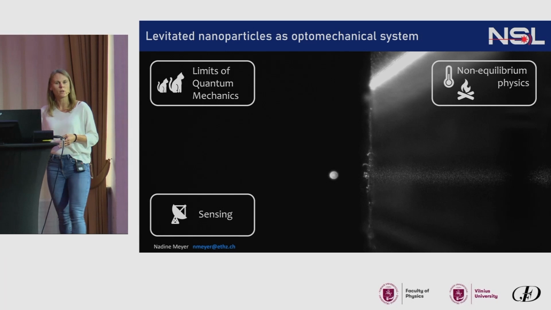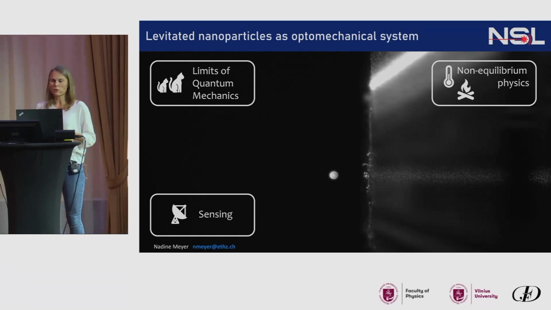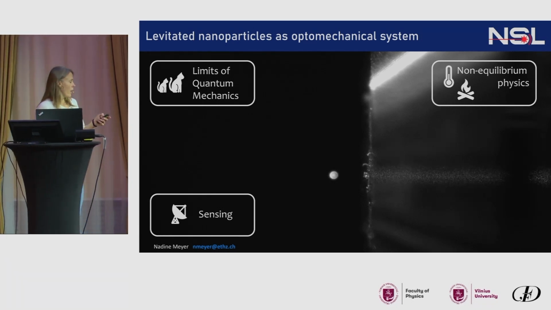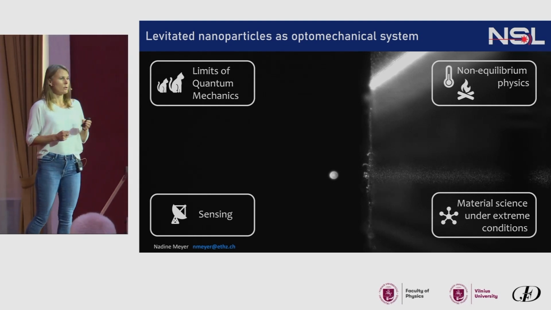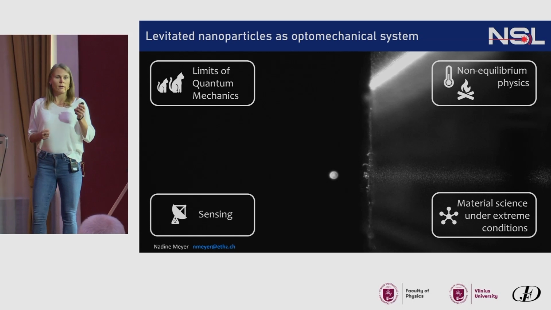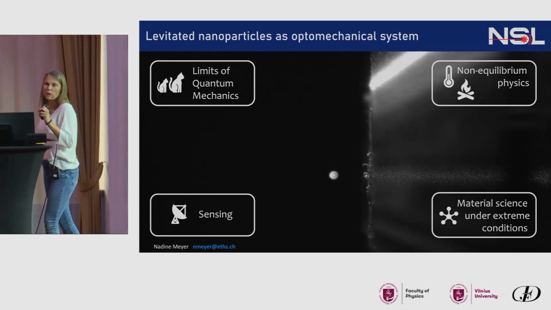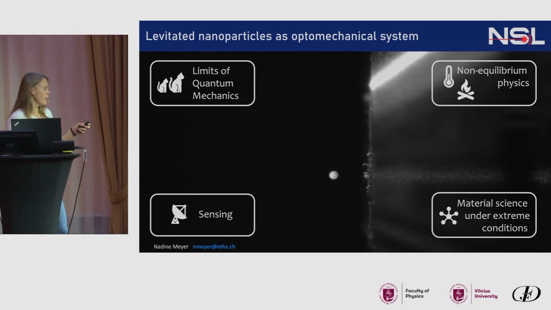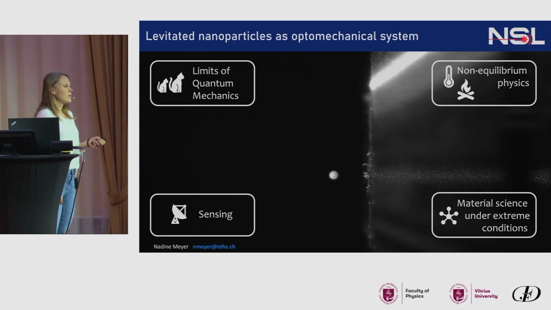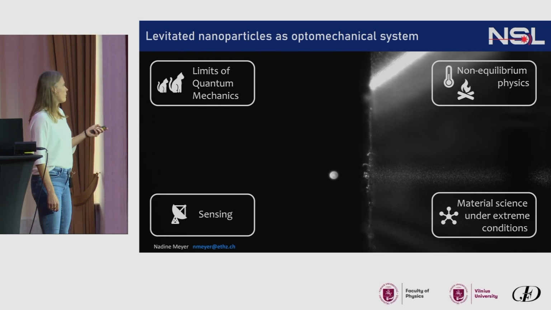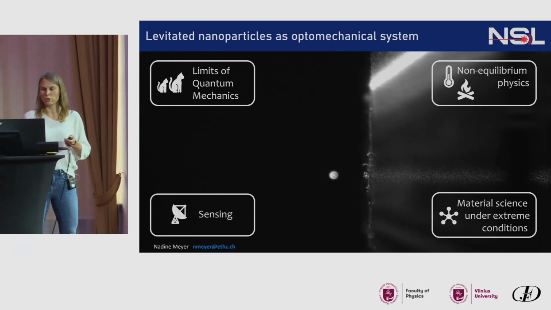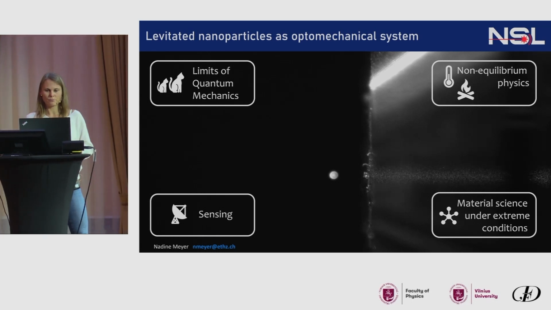So you can also think about exploiting this for non-equilibrium physics. And you can also think about studying material science under extreme conditions, because this is a highly isolated single nanoparticle in a controlled environment. And these single nanoparticles have a very high surface to volume ratio, which is a fairly uncommon condition in material science.